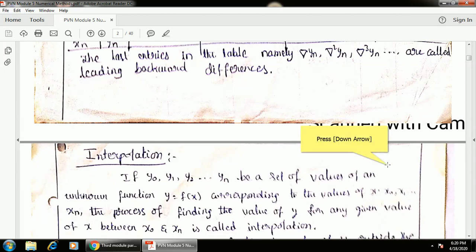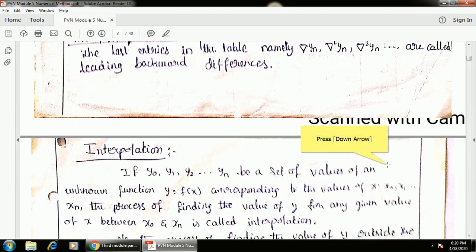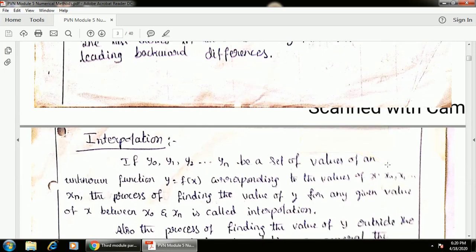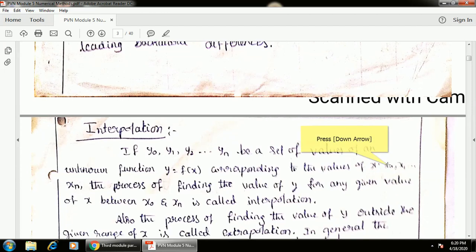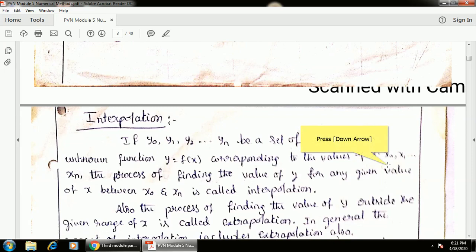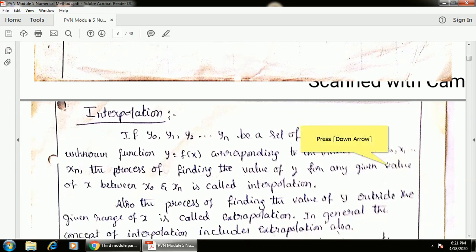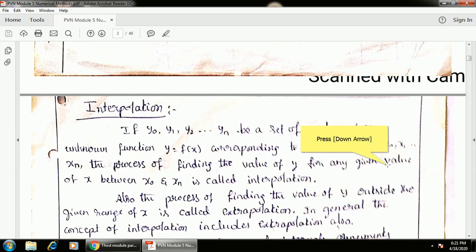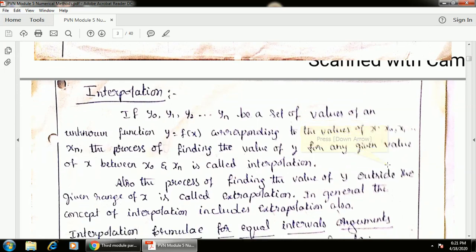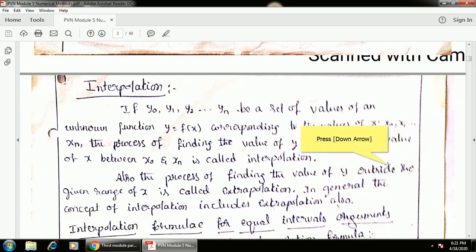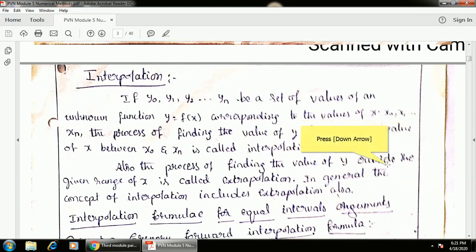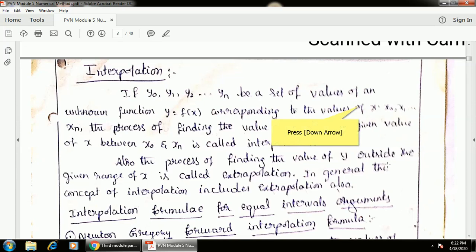Now we'll move on to interpolation. What is the meaning of interpolation?